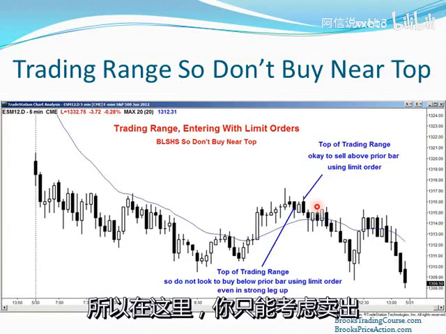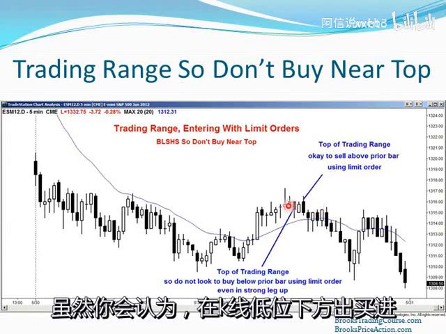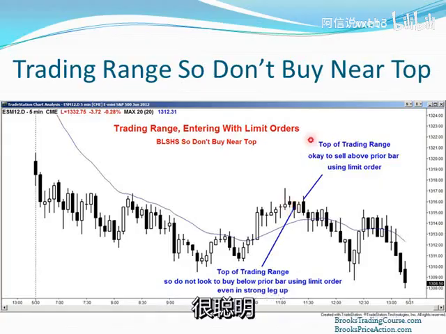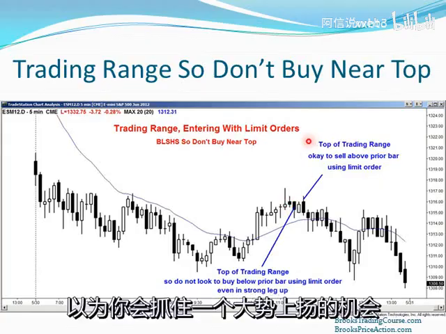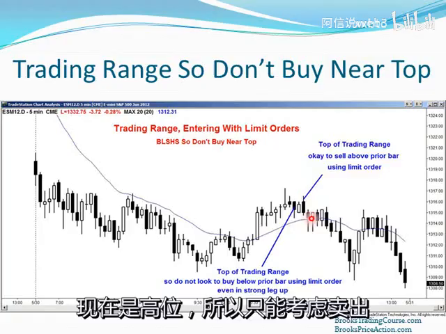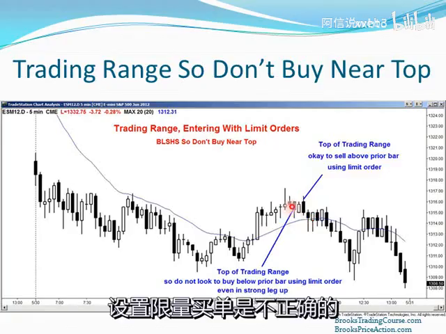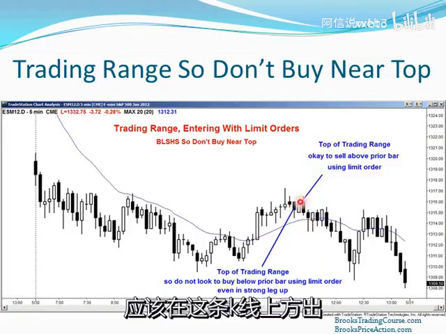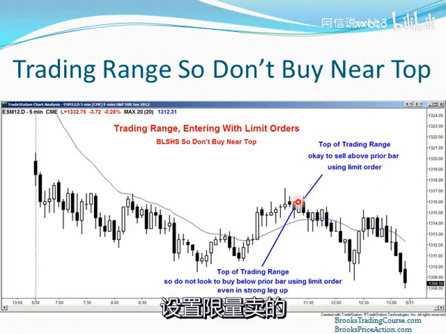So you should only be looking to sell, and not trying to be clever, buying with a limit order at the bottom of the bar, betting that you're going to be getting an early entry into a big move up. That's not what to do. In a trading range, you buy low, sell high. Where high, you only look to sell. So you're not looking to buy with a limit order below this bar. You're looking to sell with a limit order at the high of this bar.